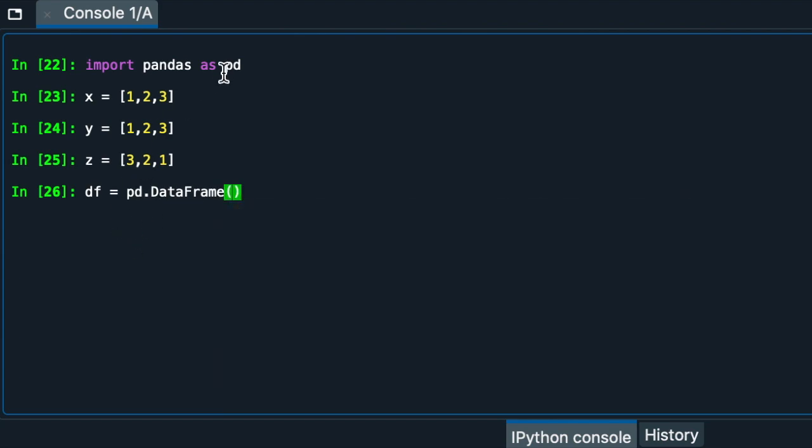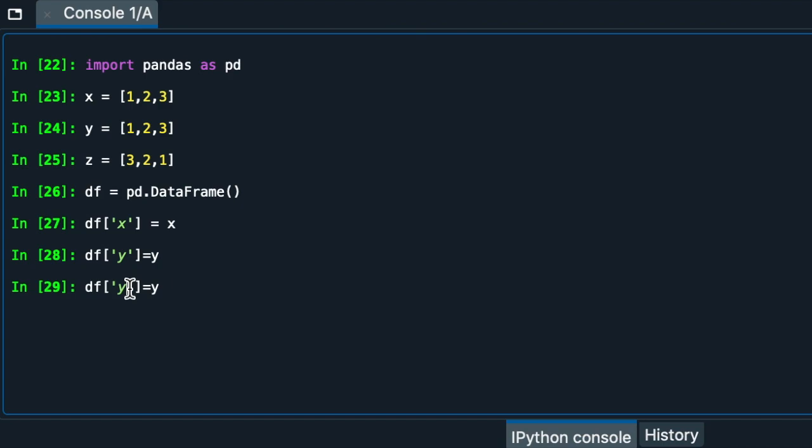Now I'm going to create an empty data frame. This is using Pandas, pd. And then I'm just going to start putting in these three data columns. So df x equals x, df y equals y. Sorry, I'm bad at typing.